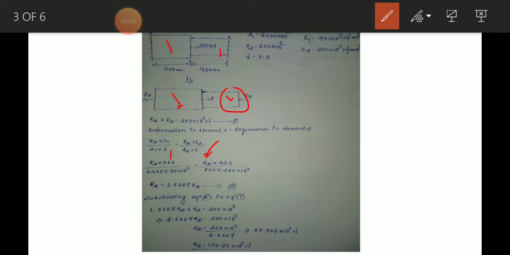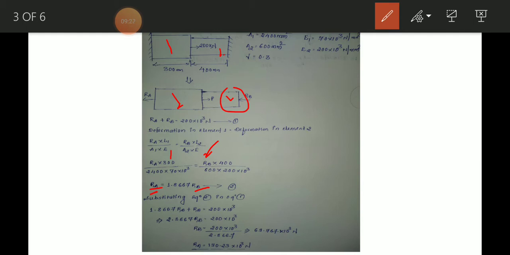Okay, now substitute values of L1, A1 and E. Of course you don't have the values of RA and RB, so what we have to do is write the equation for one variable in terms of the other variable.